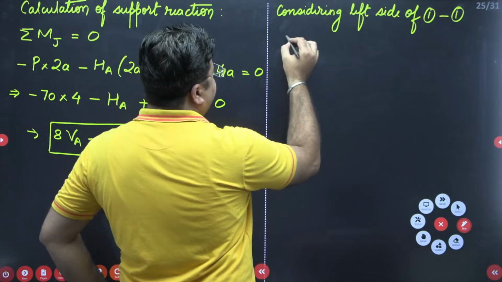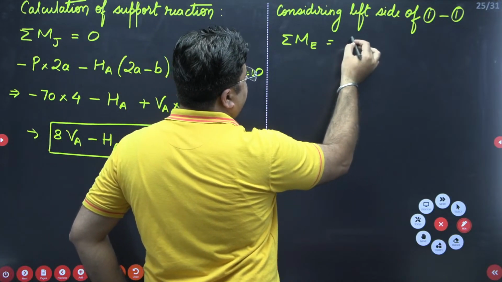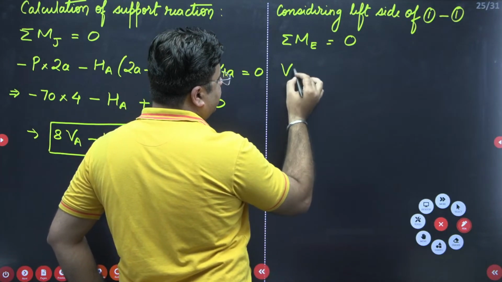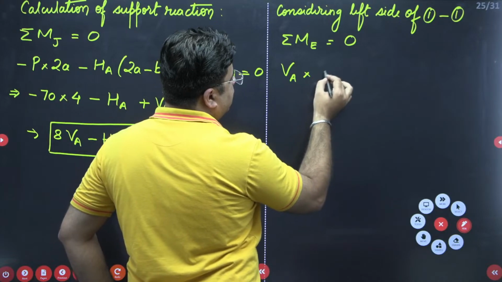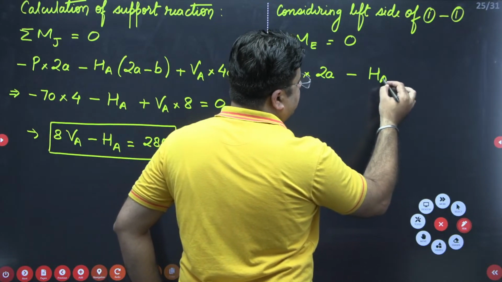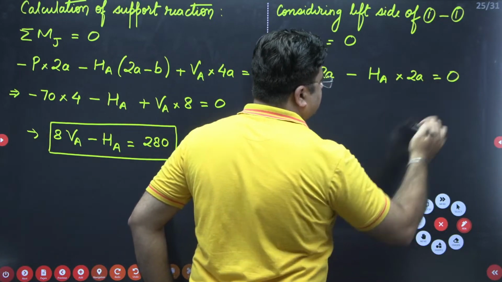So I'll write summation of moment about E should be equal to 0. So from here I will have the clockwise moment due to VA. So VA into 2A minus anti-clockwise moment due to HA. So HA into 2A, and this should be equal to 0.